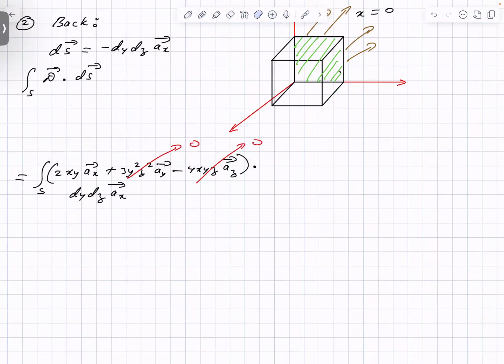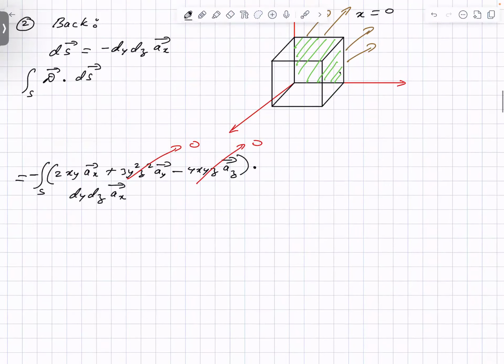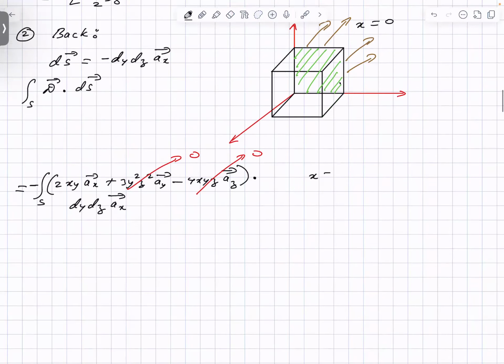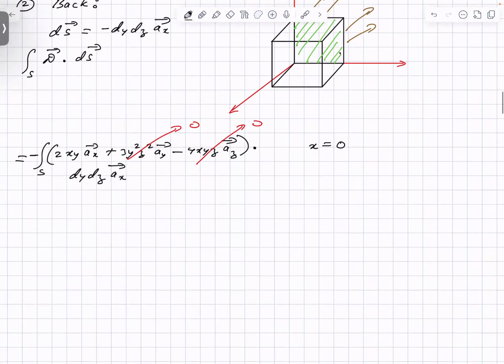So here, remember that we have to put a negative sign because ax is negative. And also, previously in the front surface, x was fixed at 1. Now here, x is fixed at 0. So this term goes away because we are doing the dot product with just the ax component. This term also goes away for the same reason.